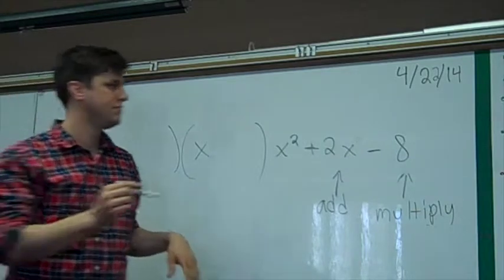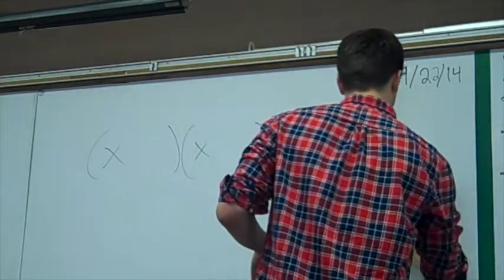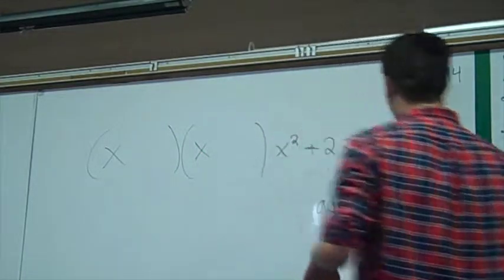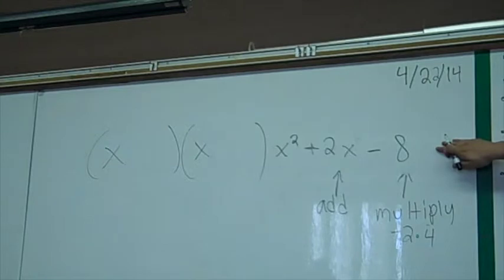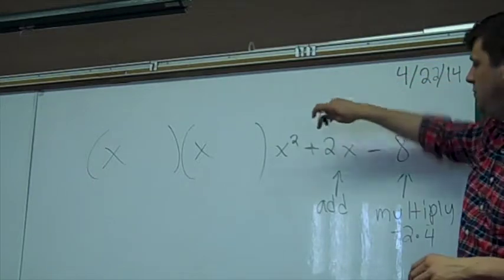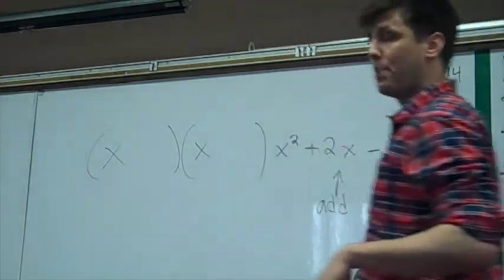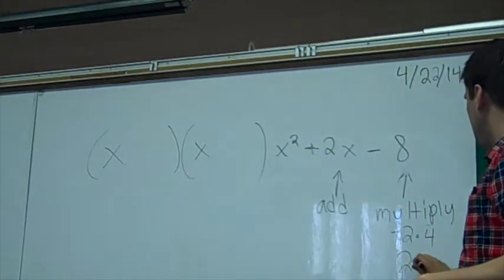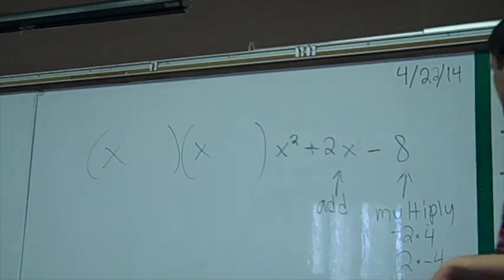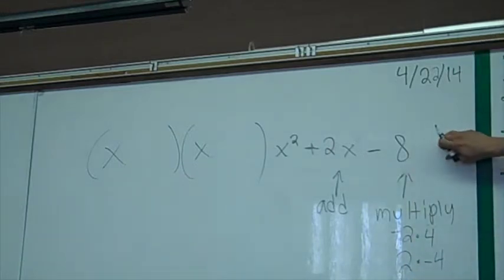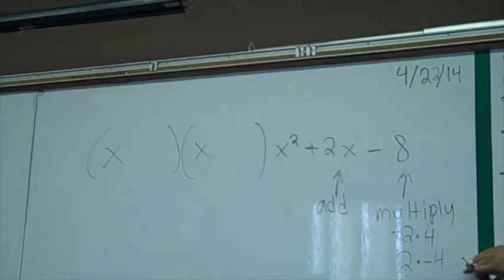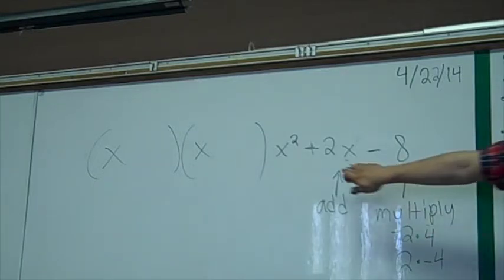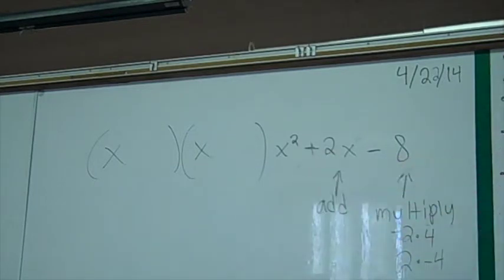Ellen? -2 times 4. -2 times 4 will multiply to -8. Since the +4 is bigger than the -2, they will add to a +2. Now suppose that you chose this, +2 times -4. Yes, they'll still multiply to -8. But if you did that, your middle term would be a -2 instead of a +2.